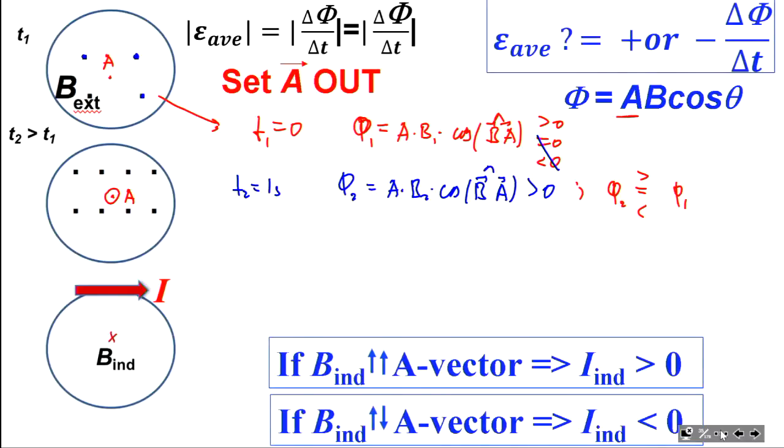If the area doesn't change, if the angle doesn't change, that means we should look at the magnetic field strength. More magnetic field lines, stronger field, larger flux. So flux number 2 should be larger than flux number 1.